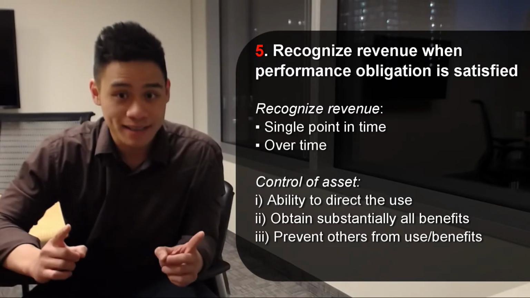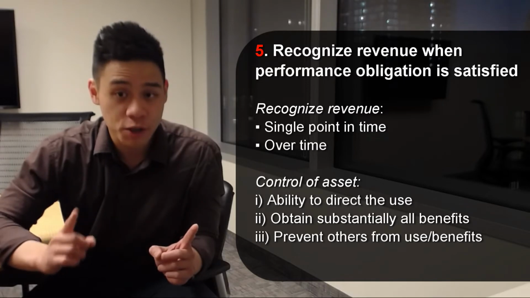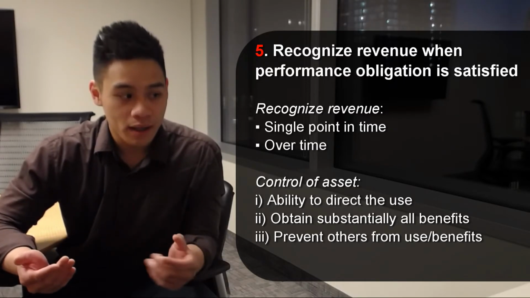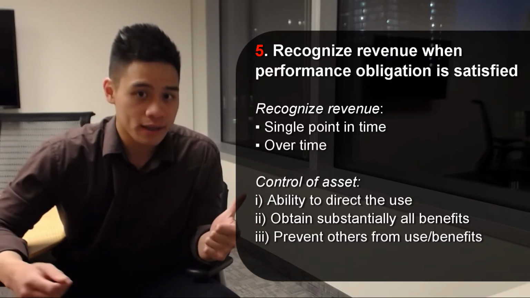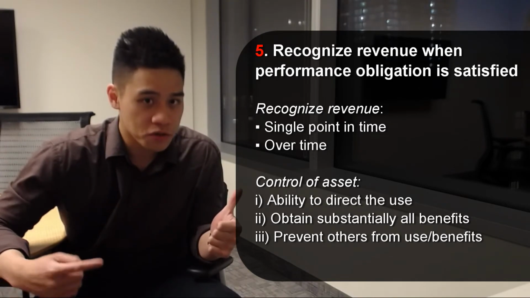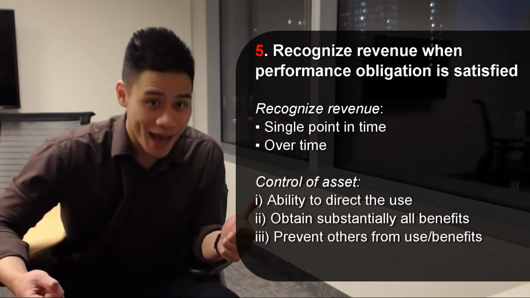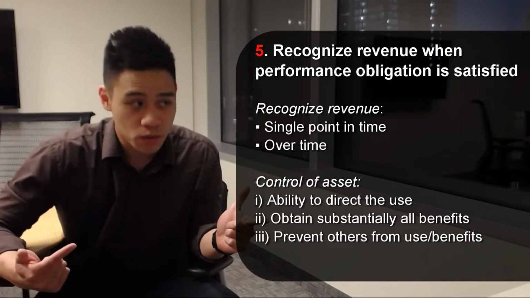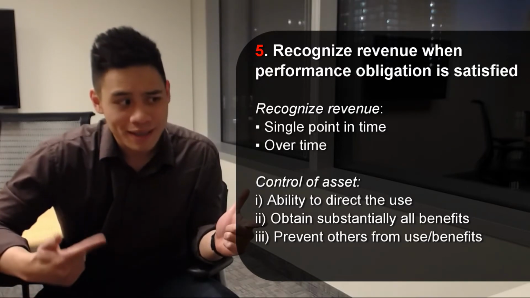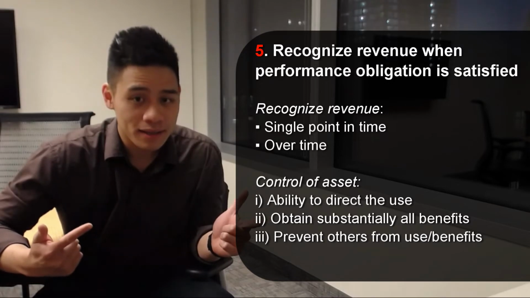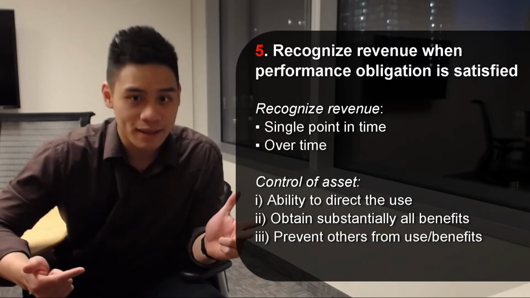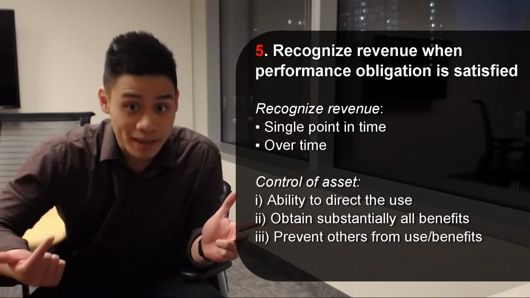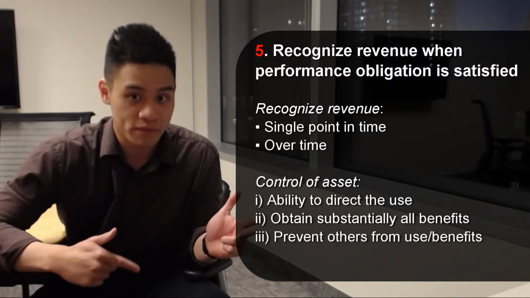Control over an asset is the major determination of when the performance obligation is met. Control of an asset comprises 3 things. First is the ability to direct the use of the asset. Second is obtaining substantially all remaining benefits from the asset, and then the third is preventing others from using or obtaining benefits from that asset.